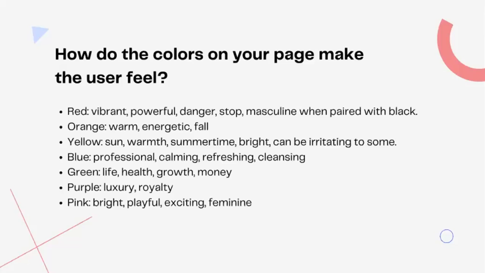It often will signify danger of some kind, like think of a stop sign. It means stop, do what you're doing. If it's paired with other colors like black, it'll be very masculine. Whereas if you pair it with pinks or whites, it comes off as a more romantic feel, right?